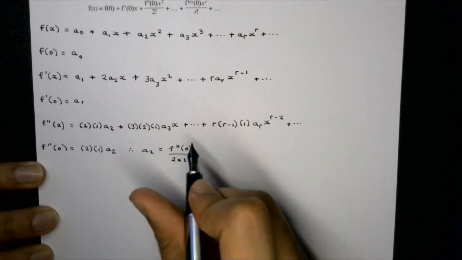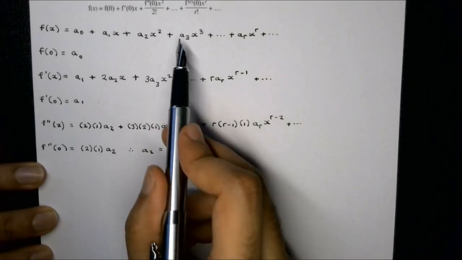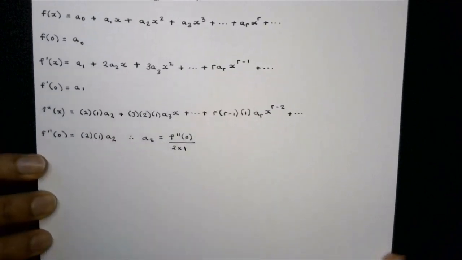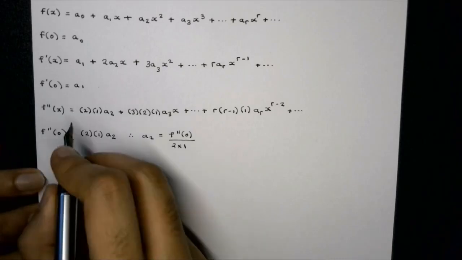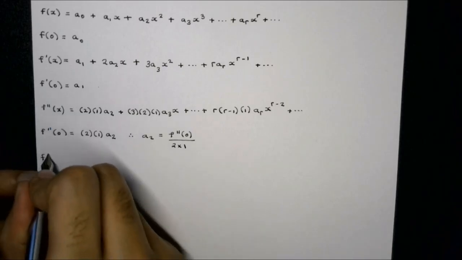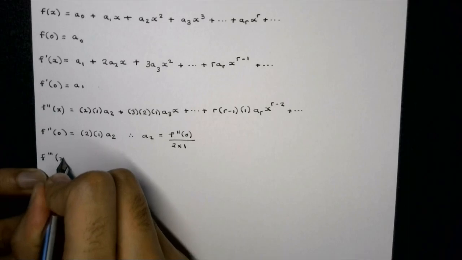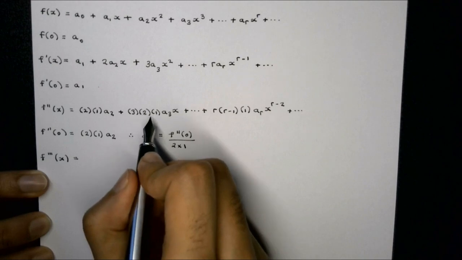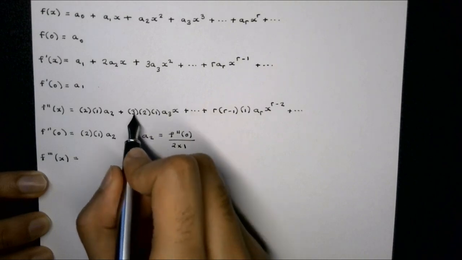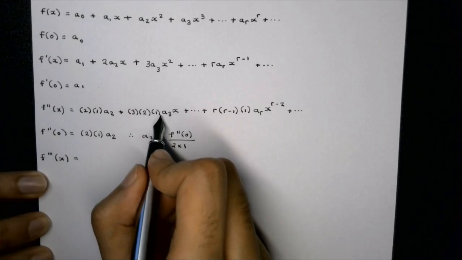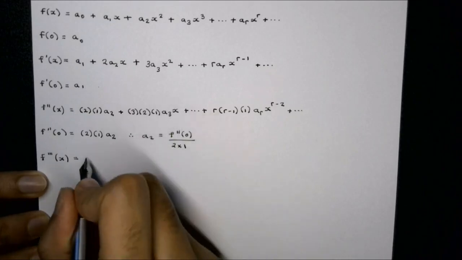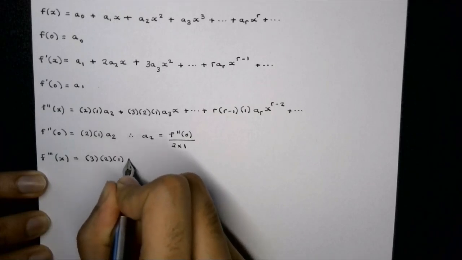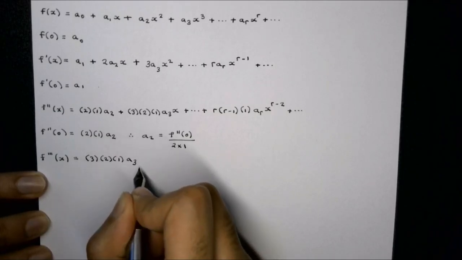Now, for us to find out what a3 is, we would have to differentiate f double dash again, which will get us f triple dash. So if we find out what f triple dash of x is, differentiating this we get 0, and if we differentiate the 3 times 2 times 1 times a3x, we'll end up with 3 times 2 times 1 times a3.